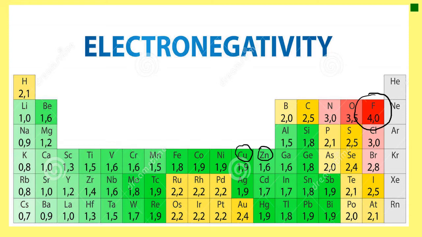So this is called the Pauling scale. And you can see that the most electronegative element in the periodic table is fluorine. I think you knew that, and that's got an electronegativity reading on the Pauling scale of 4.0. So that attracts electrons hugely.